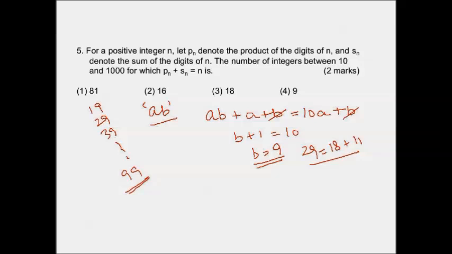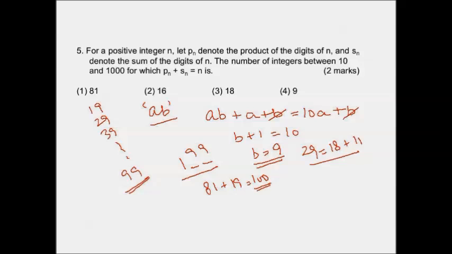So this is about the 2-digit numbers, but what about 3-digit numbers? So let's take a number in the series of 100 to 200s, a number like 100 and something. So even if the other two digits are 9 and 9, still the product of the digits would be 81 and sum of the digits will be equal to 19 and the sum becomes 100.